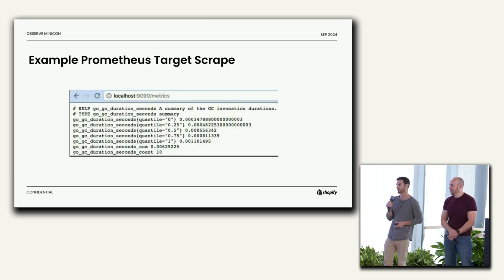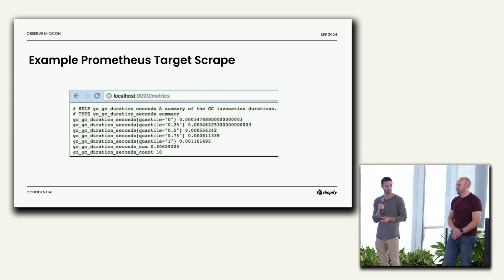If you're running an application on localhost port 9090 and it's producing this histogram, Prometheus is going to go out and hit this endpoint and get this metric, pull it in, and that's what we mean by scraping a target. At Shopify, we have hundreds of thousands of targets, up to millions at peak.